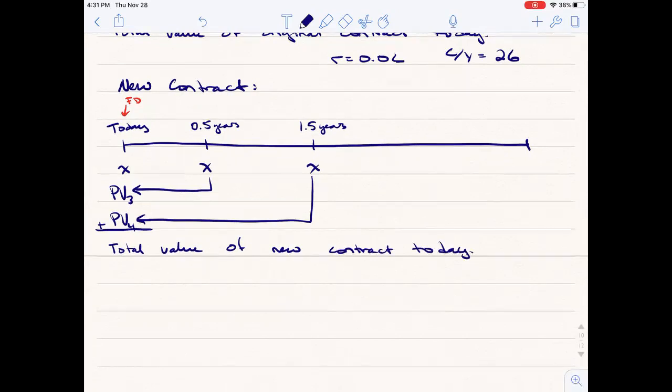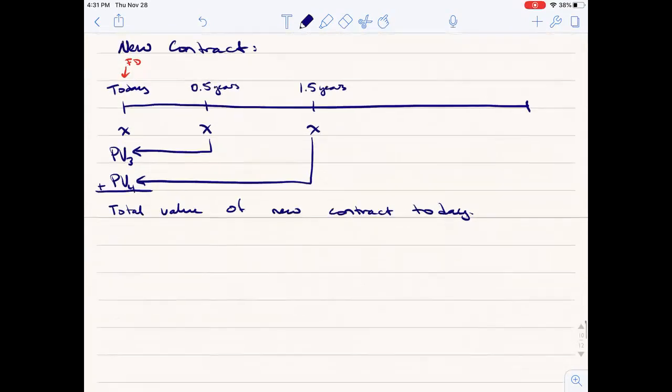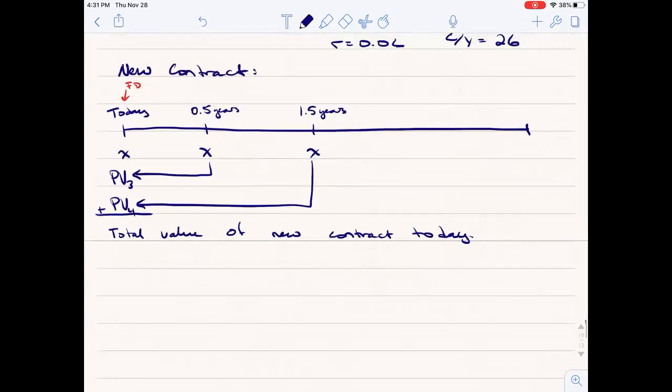If these are going to be equivalent, we better make sure that these totals are the same. That's our key to figuring these out. On here, I've got T3 is 0.5 and T4 is 1.5. It's nice because they're just in years, so we don't have to do any work with the days between dates or anything.